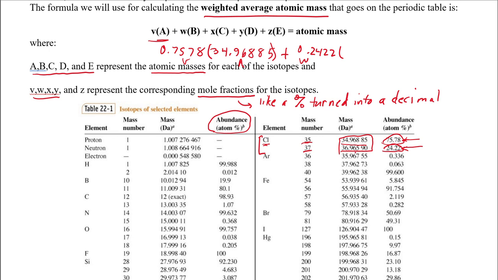And then the large capital B, the mass here, known to the right number of sig figs, is 36.96590. And then I'm going to put this into my calculator. And the answer comes out to 35.452554.